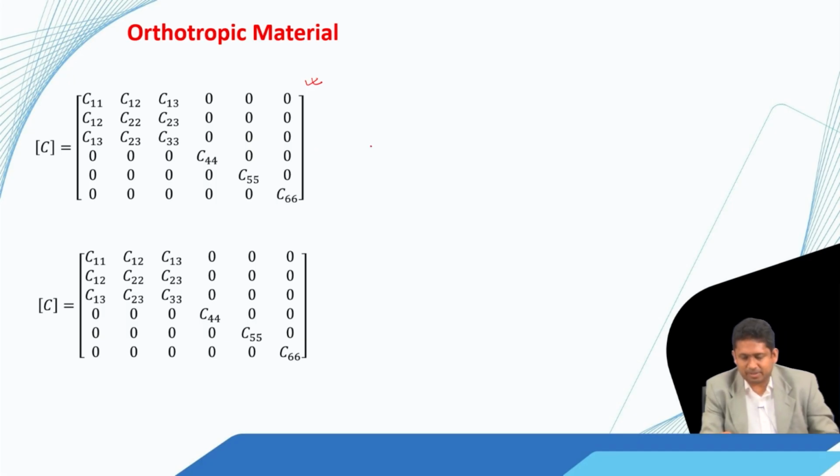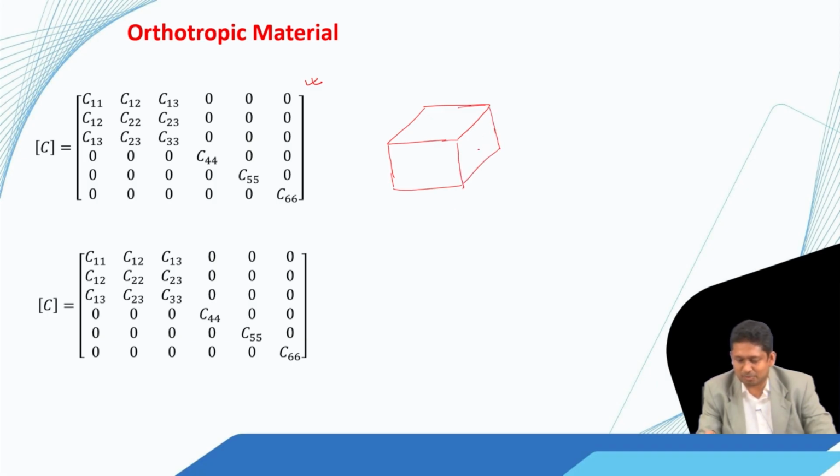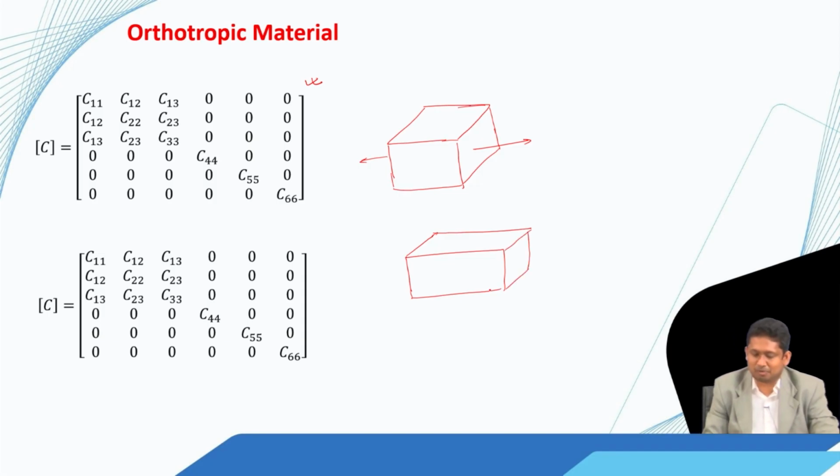So, in this kind of material, if we apply a pure normal stress, then there is no shear going to be induced. So, after application of load, this will extend in this direction and this can contract in the other direction and other two directions, but there would be no shear involved.